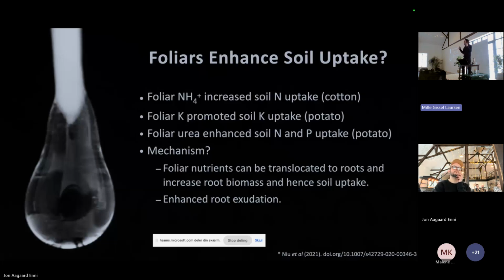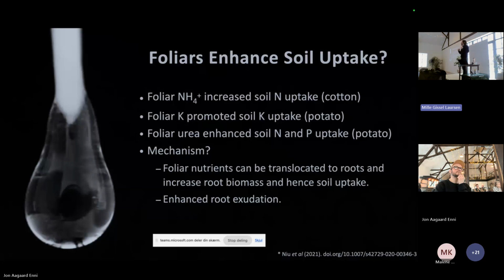No one is saying that you're going to apply 100% of the plant nutrient requirements through the leaf. It's just a tool that you can use on top of soil-based management to get the best out of your plants. So you still need a soil-focused strategy, a soil health-focused long-term strategy, but you can use foliars as one tool to layer on top of that, to top up and to augment and support your soil-based strategy.